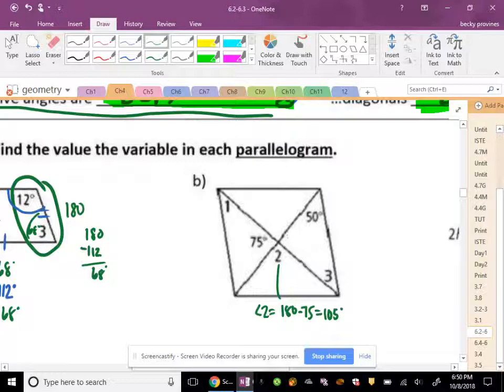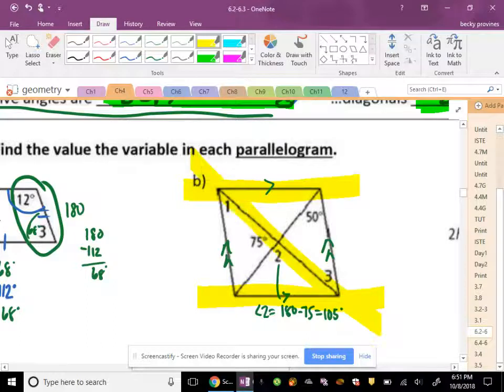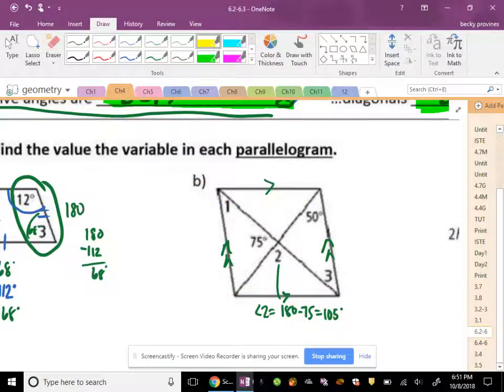All right, so we need a plan on how to get angle 1 and angle 3. Now, let's keep in mind opposite sides are equal and parallel. That may help us. Now, I see I have parallel lines, and this is my transversal. And actually, I want to do this the other way.